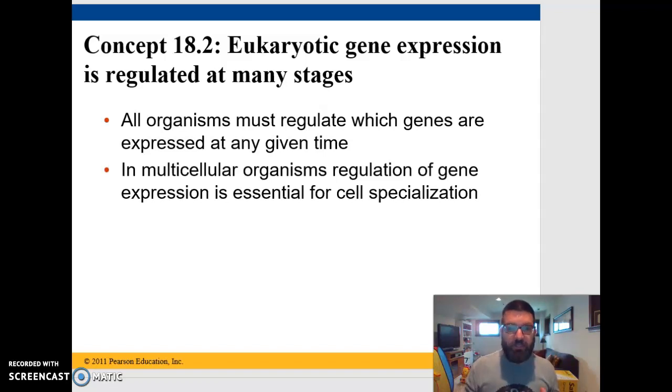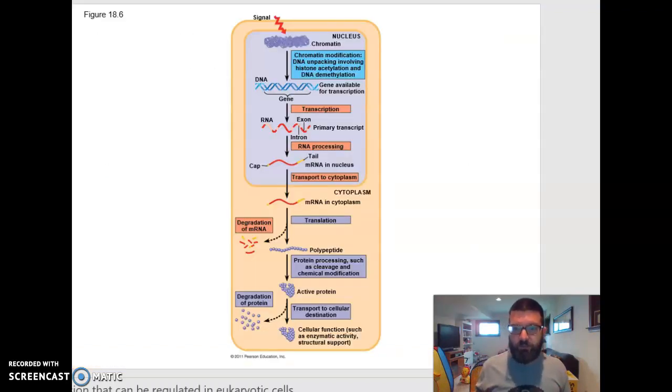And there are actually lots of ways that you can regulate gene expression in eukaryotes. But first, you have to understand how genes are expressed, and we talked about this in the last chapter. Now that we know the whole process of gene expression, we can look at every spot along those pathways. You can interfere with the process and inhibit gene expression.